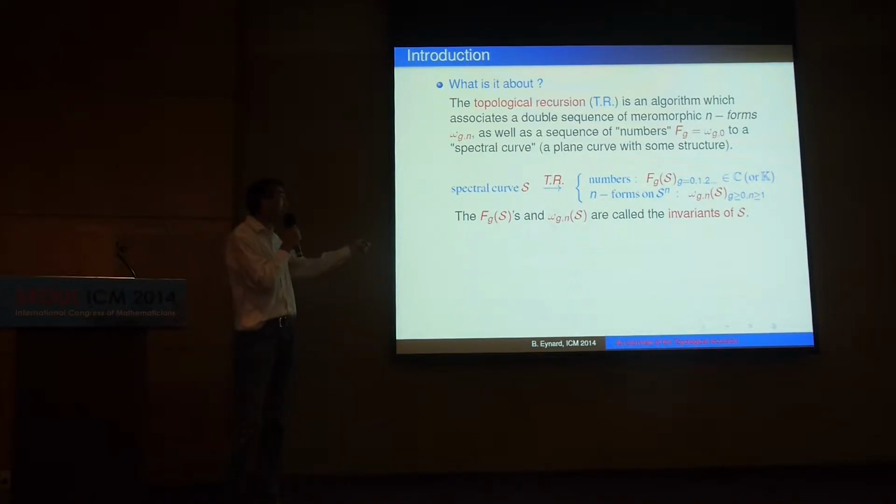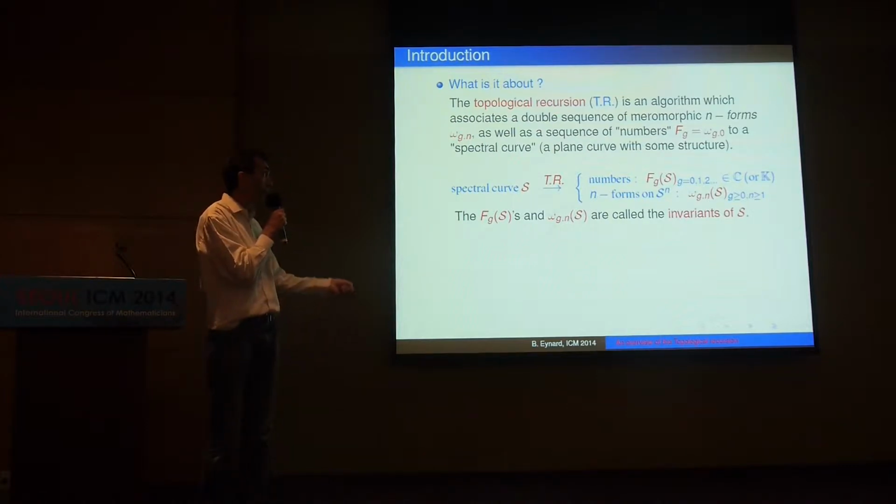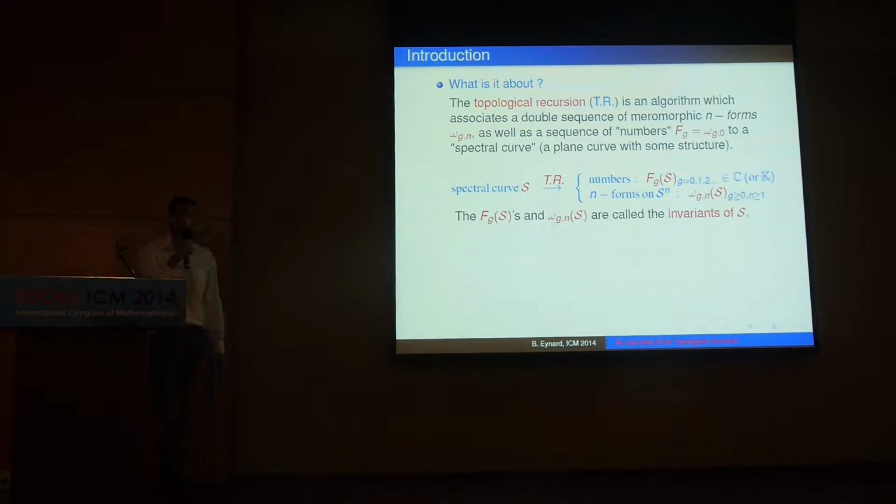Out of a spectral curve, by some recursion, the topological recursion produces numbers, which are often called F_g, and it also produces a sequence of forms. So an infinite sequence of numbers and an infinite sequence of n-forms. Those numbers and forms are called the invariants.